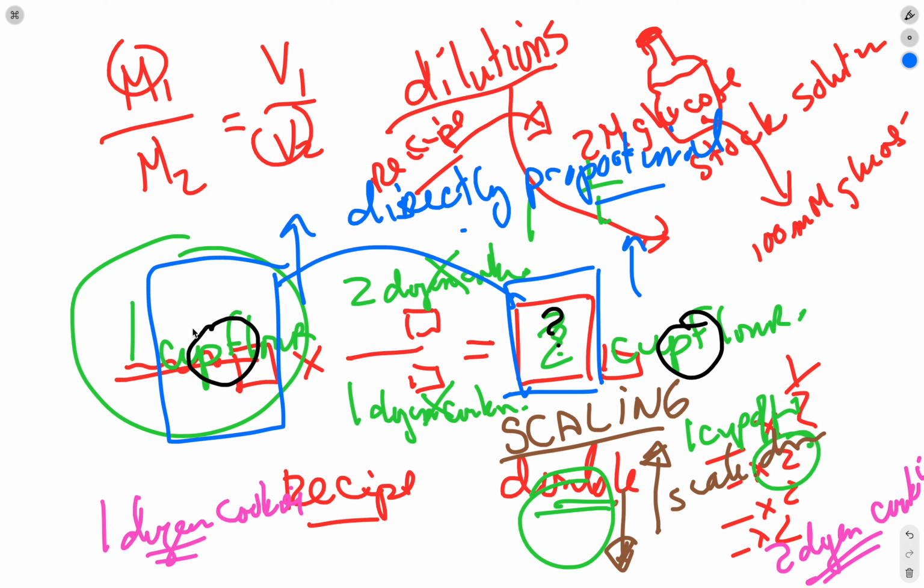Actually, when you look back, the original recipe called for 1.5 cups of flour. And as you increase this value, you're going to increase this value. To double a 1.5 cups of recipe, you're going to use 3 cups here. So that's what directly proportional means, is that as this value goes up, this value goes up. As this value goes down, this value goes down. And that should make sense, right?